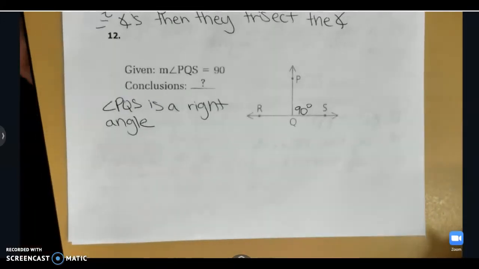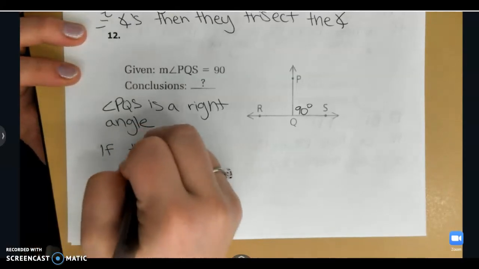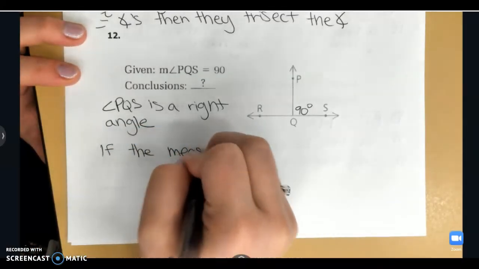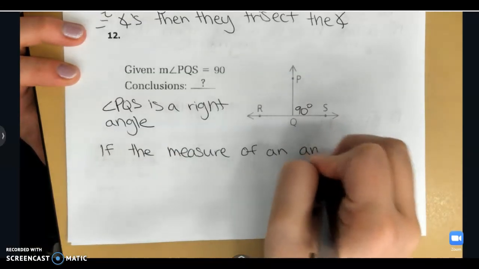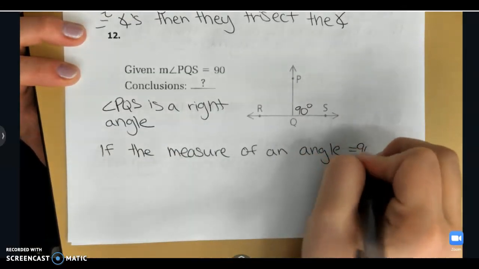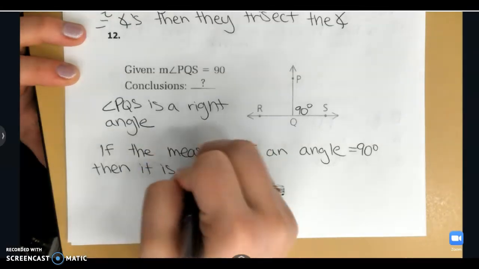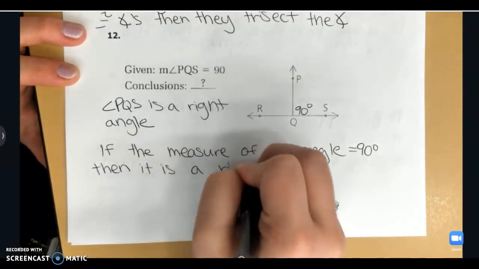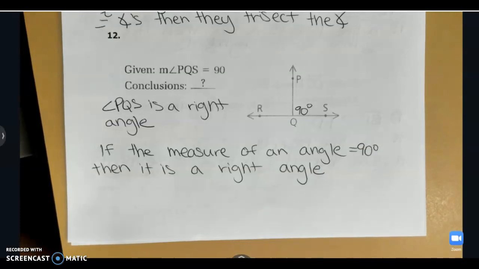And we can conclude that because if a measure of an angle is 90 degrees, then it's a right angle. All right, and that is our drawing conclusion note.